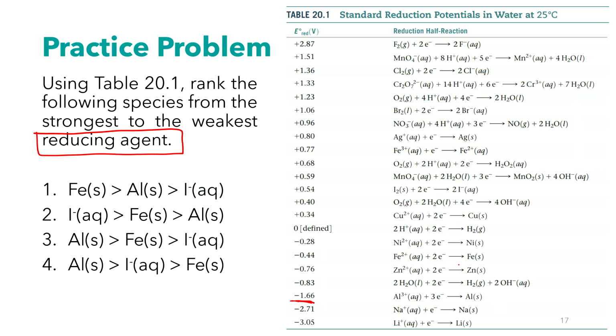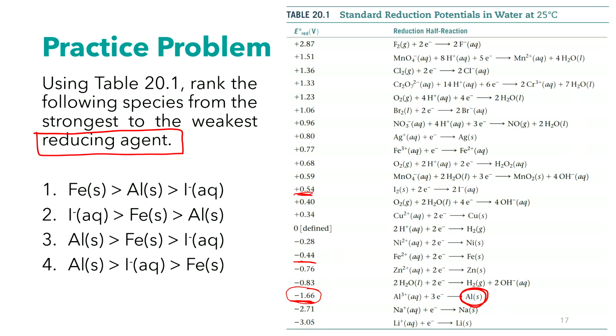So we're dealing with these three. If they were all jumbled, I would find the aluminum reaction because it has the most negative standard reduction potential, which means aluminum is the most likely to give away electrons, right? So if it partnered with any of those, it would be my anode, which means that it's going to be giving away the electrons.